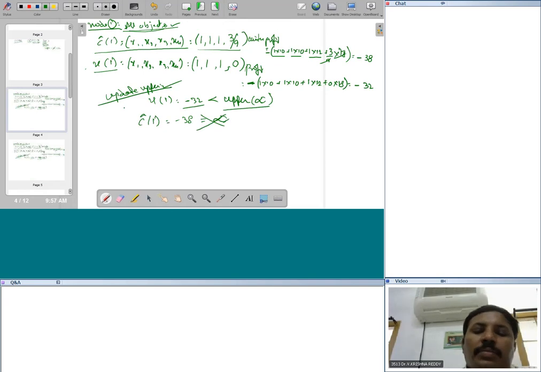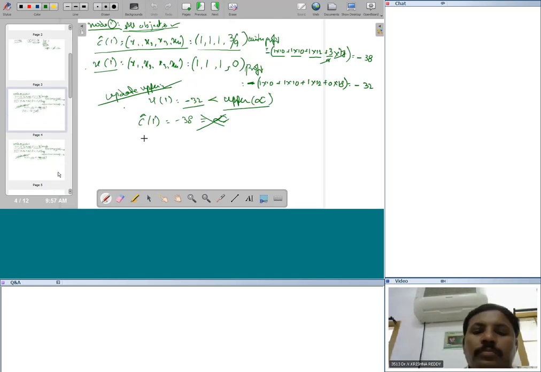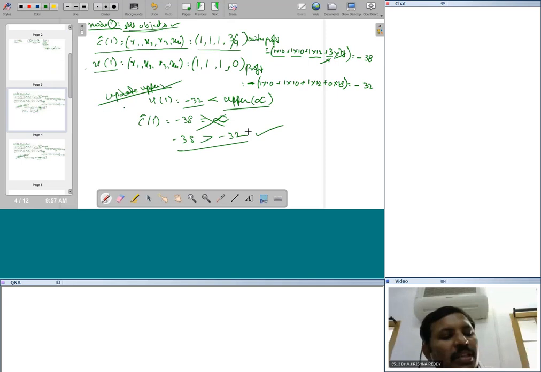Next, the second condition. What is the second condition? C cap value is greater than upper. What is the current C cap value? Minus 38 is greater than minus 32. If it is yes, then we have to kill. Minus 38 is greater than minus 32. Is it right or not? Yes, it is correct now. Minus 38 is greater than minus 32. Please respond in the chat box.